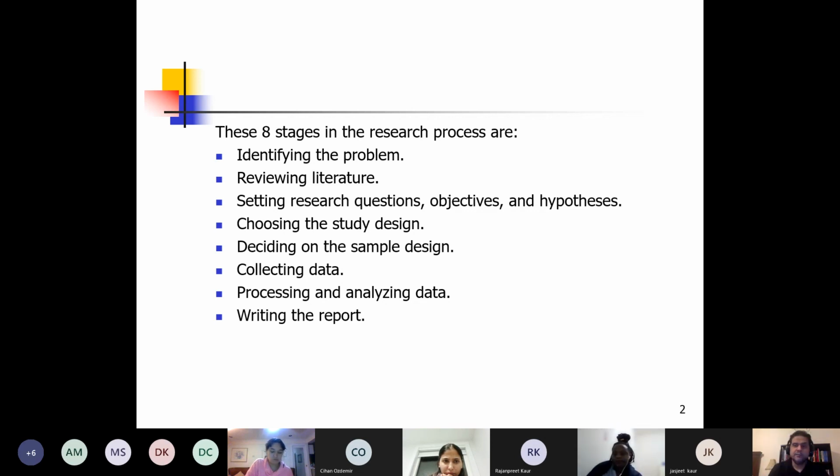The research interview means that you will ask oral questions to some people from the field.